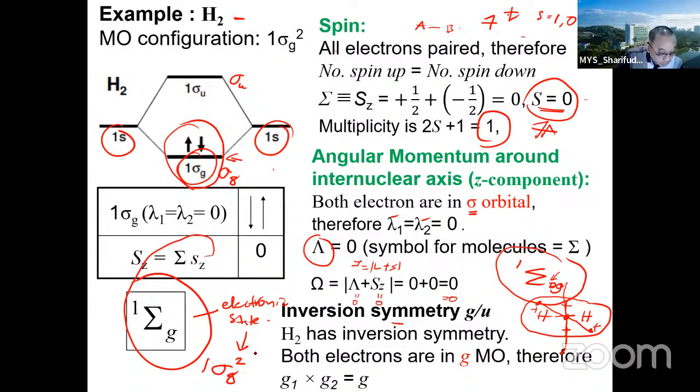So 1 sigma G squared gives rise to a 1 sigma G electronic state. This is very important: an electronic state is determined by the electronic configuration. That is why we have two symbols. One is capital sigma, and the other is the small letter sigma.